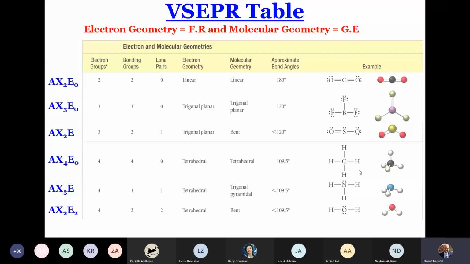Consider CH4. The Lewis is the following. So the form AXmEn is AX4E0. What is EP? EP equal 4. What is BP? BP equal 4.